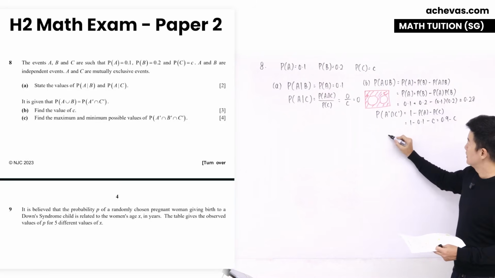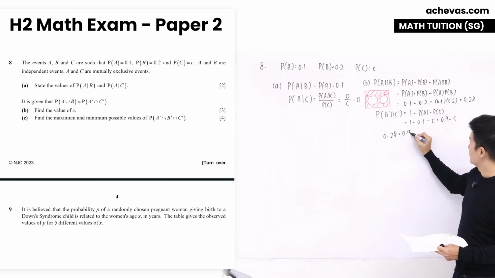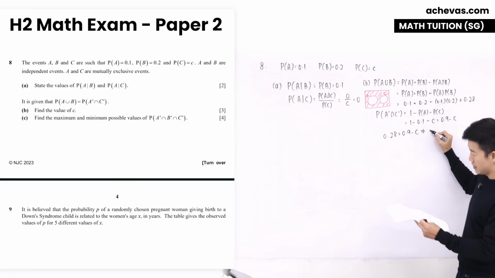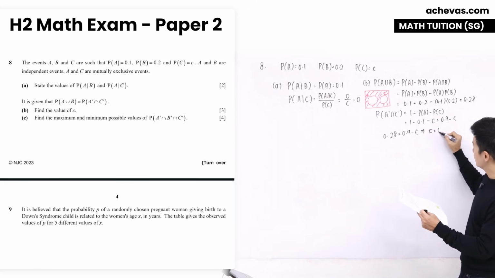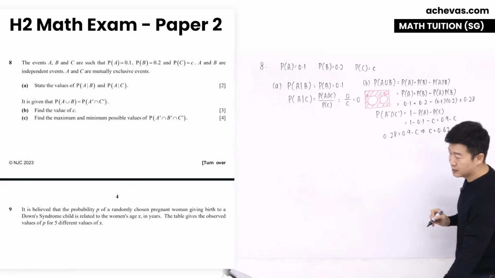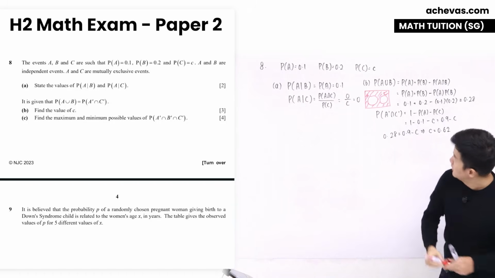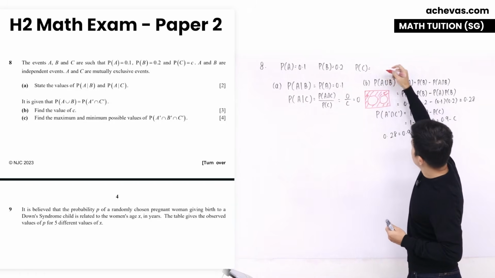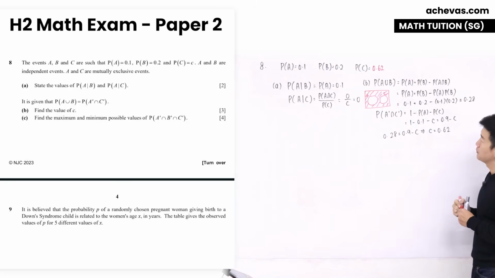So it means that 0.28 is going to be equal to 0.9 minus C. And from here, we will be able to solve for C. C is going to be equal to 0.62. Let me just fill this in here. So now we have found this as 0.62.